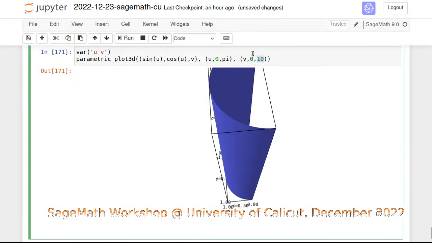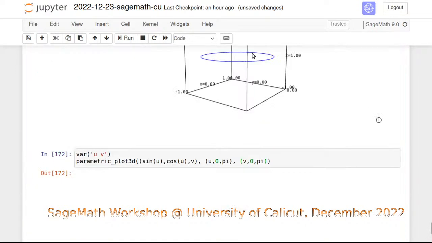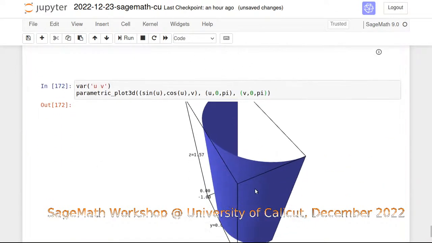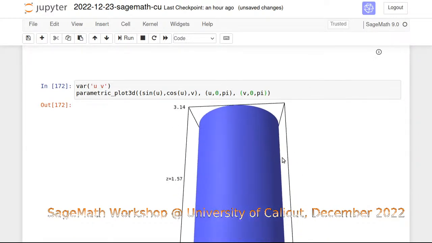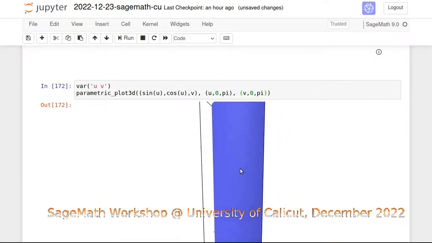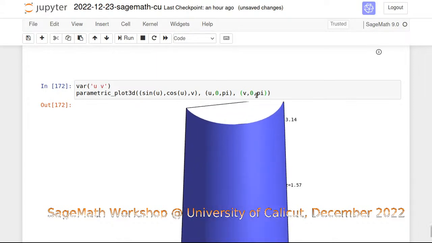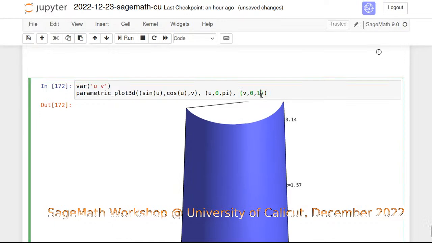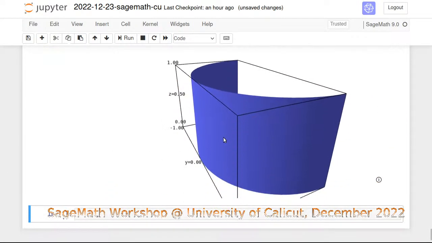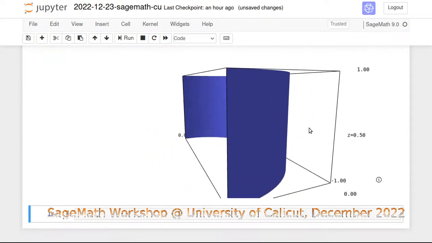But this is not necessary, this pi is good enough. Even pi is not required because it's going up to the height. So if you take 1, it will go only up to, the height is defined by this v.